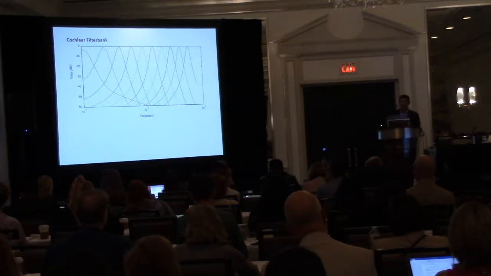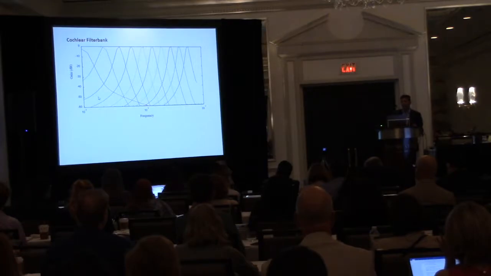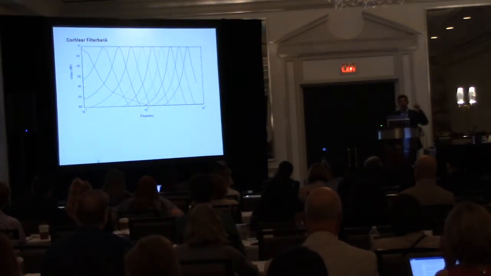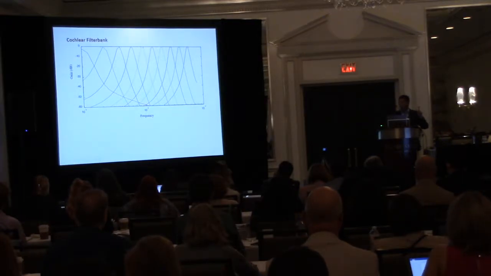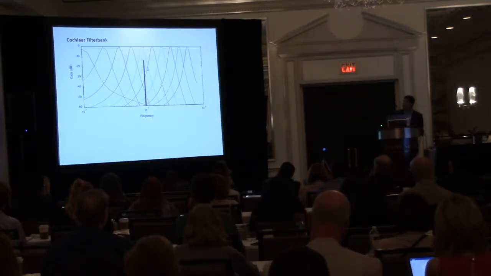And just to illustrate, that's your filter bank, right? Here are about 10 different filters corresponding to different points in the basilar membrane. Now suppose I input to this ear one frequency, one sine wave at 1000 hertz. The output of the ear is the output of this channel, which is centered right at 1000 hertz. But it's also a little bit out of this one.